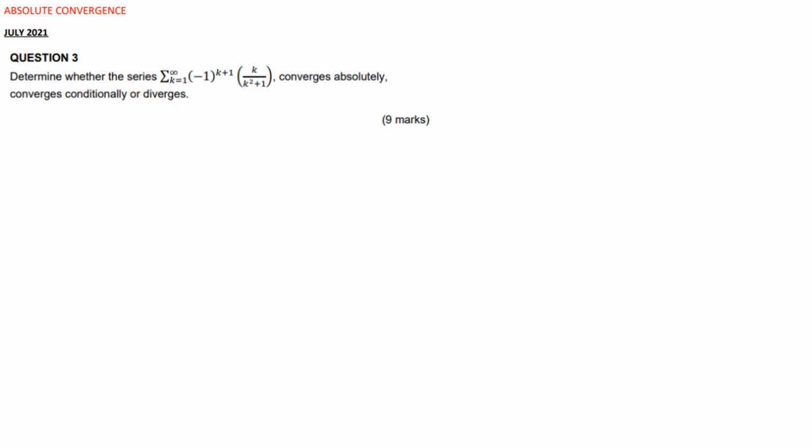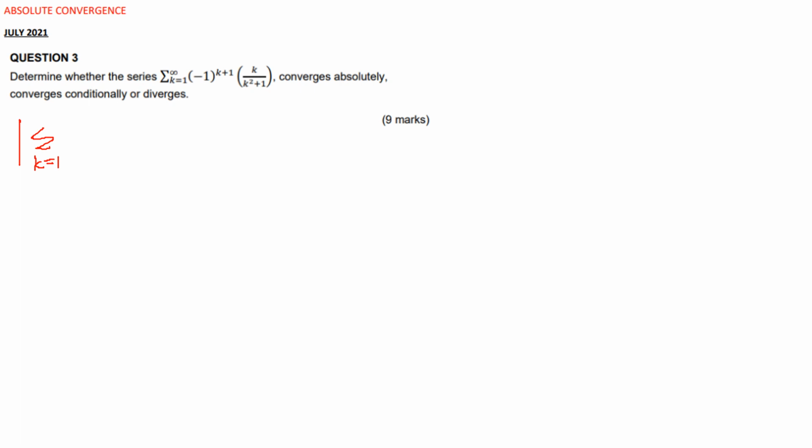Now we continue with the question on absolute convergence. This one is from July 2021, question number 3. Determine whether the series converges absolutely, converges conditionally, or diverges. The first step is to take the absolute value of the series given. So put the absolute notation.